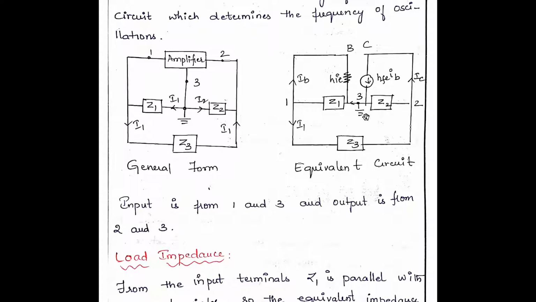So the impedance between 2 and 3 is ZL, a combination of these four impedances Z1, Z2, Z3, etc. The current flowing through ZL is minus hfe IB. So what will be the output voltage? Ohm's law. Please answer. What will be the output voltage?